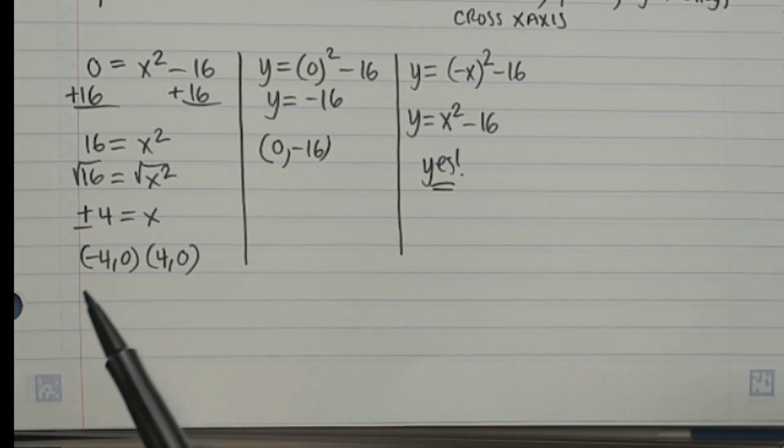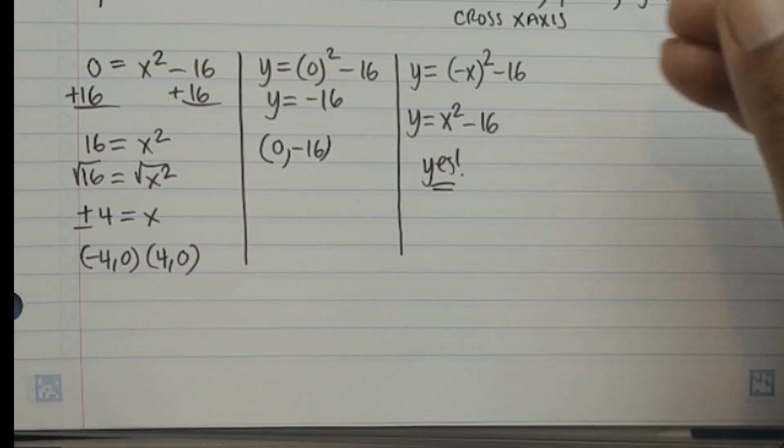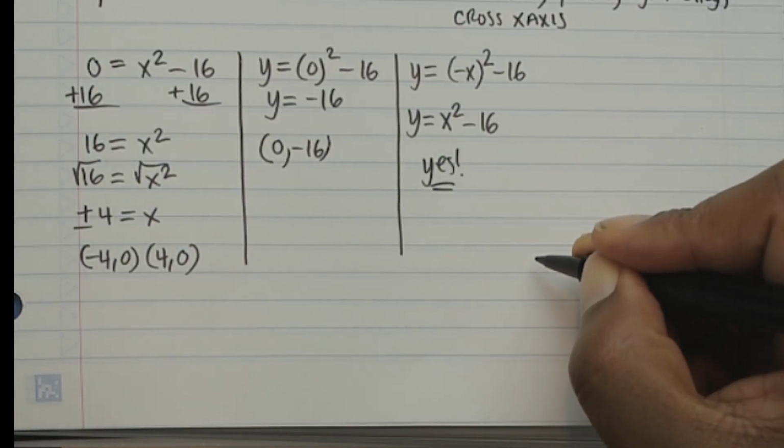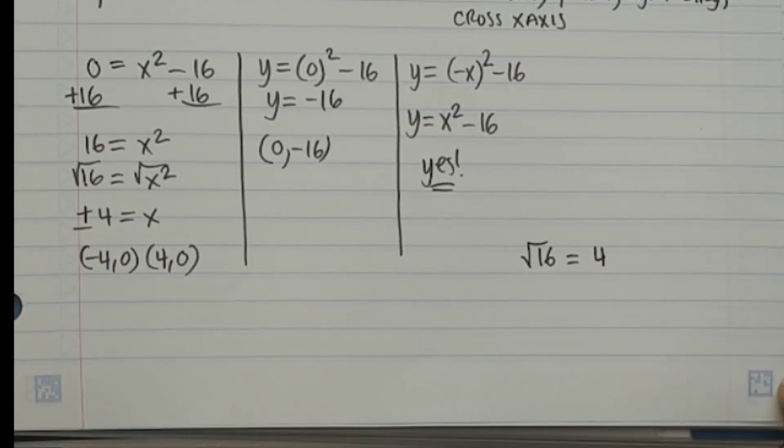Moreover, a common error that people make is this. They'll say the graph of y equals x squared minus 16 has only one x-intercept because, well, root 16 is 4.